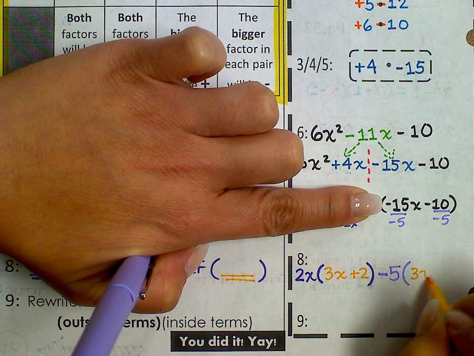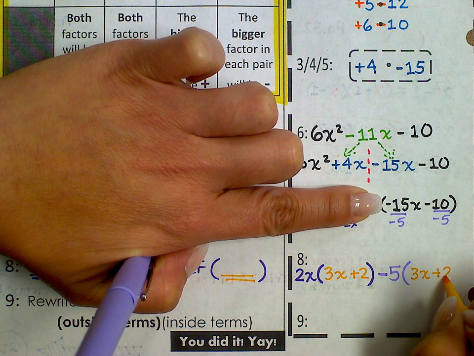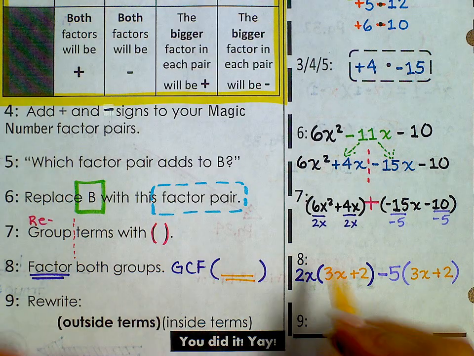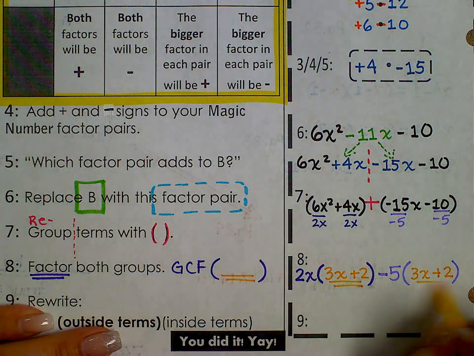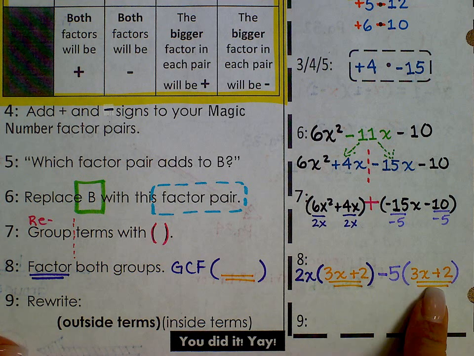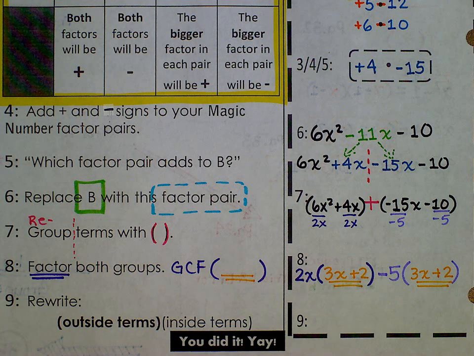Oh. Isn't that the exact same thing? Now, it should give you the exact same number inside the parentheses. If it doesn't, then either you've done something wrong or it's just non-factorable.